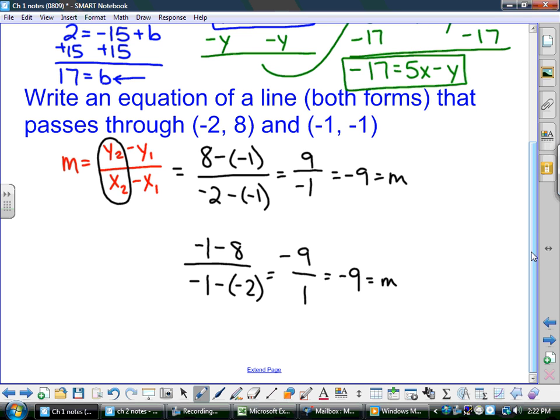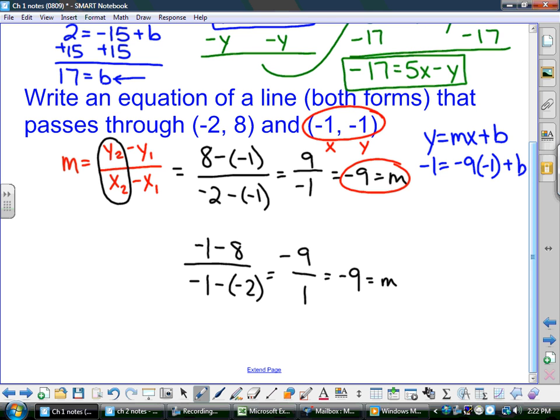Now that we know the slope, we're going to pick one of the 2 points. It doesn't matter which one we pick, but we'll plug in the x number for x, the y number for y, and the slope in, and we'll be able to figure out what the y-intercept is. Negative 1 equals negative 9 times negative 1 plus b.